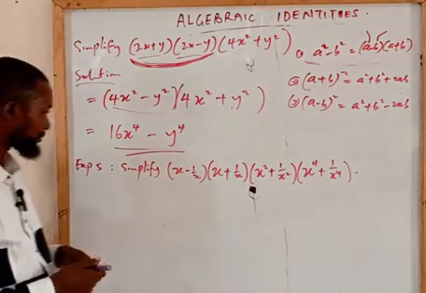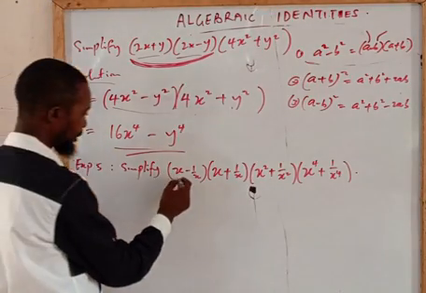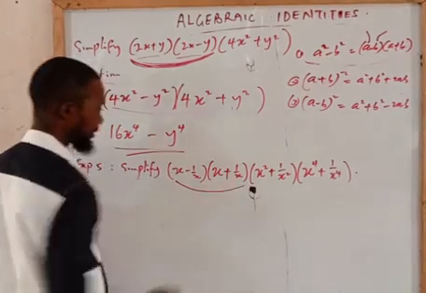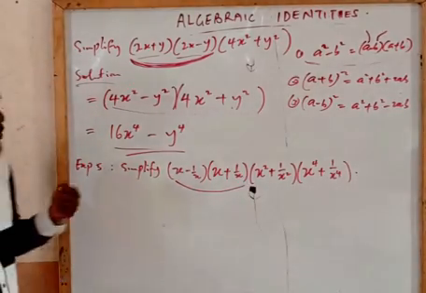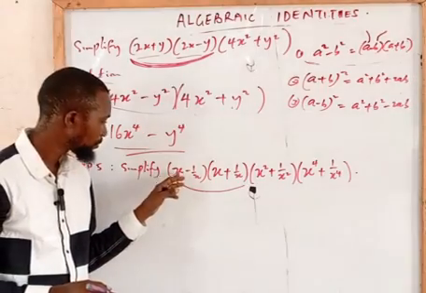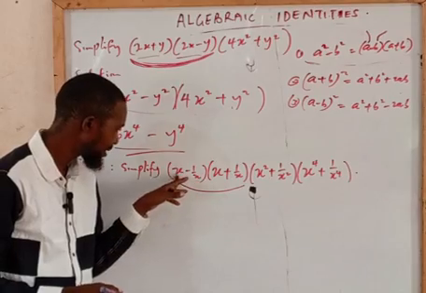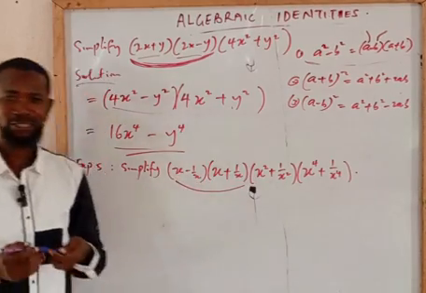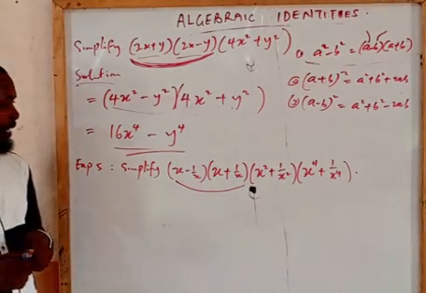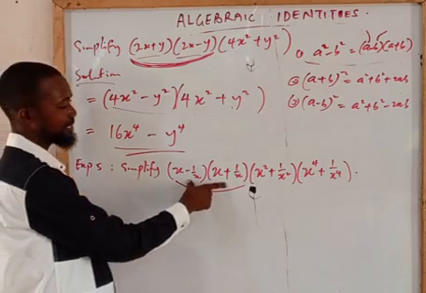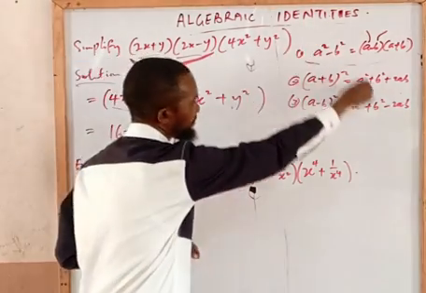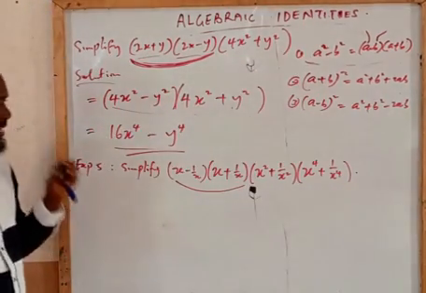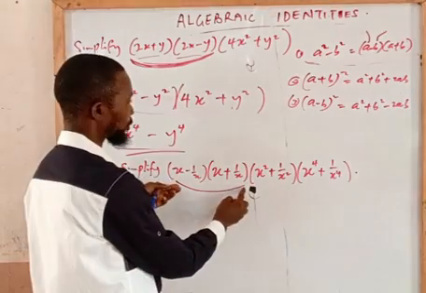Now, to do that, we will begin by considering these first 2 brackets, right? Now, what can you observe from the elements in this bracket as well as the elements in this bracket here? Let's link it to any of these 3 identities. Which of the 3 identities has this structure?